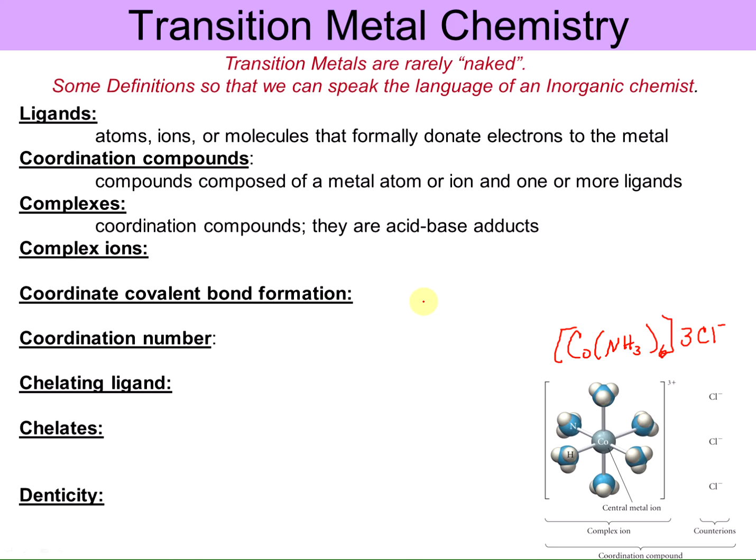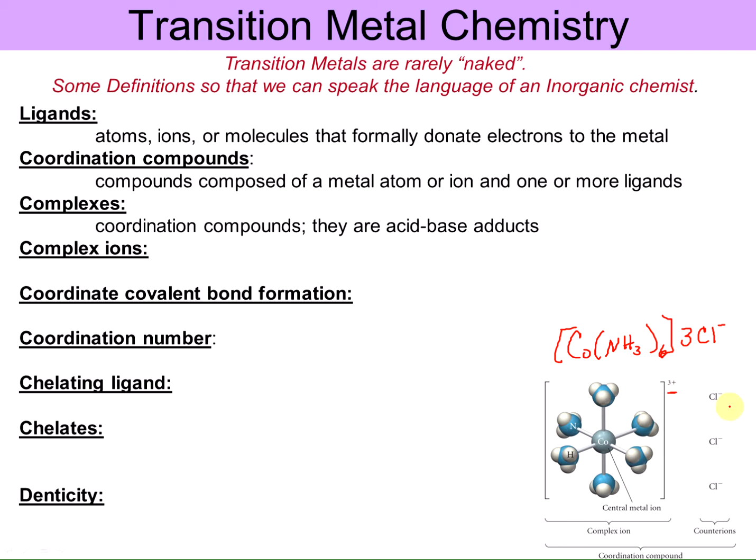So a complex is a coordination compound, and they are acid-base adducts. Everything that's bound to the cobalt is within the brackets. But the chlorides, these are our counter ions, and they're balancing out the charge of this cobalt complex because it has an overall 3+ charge.